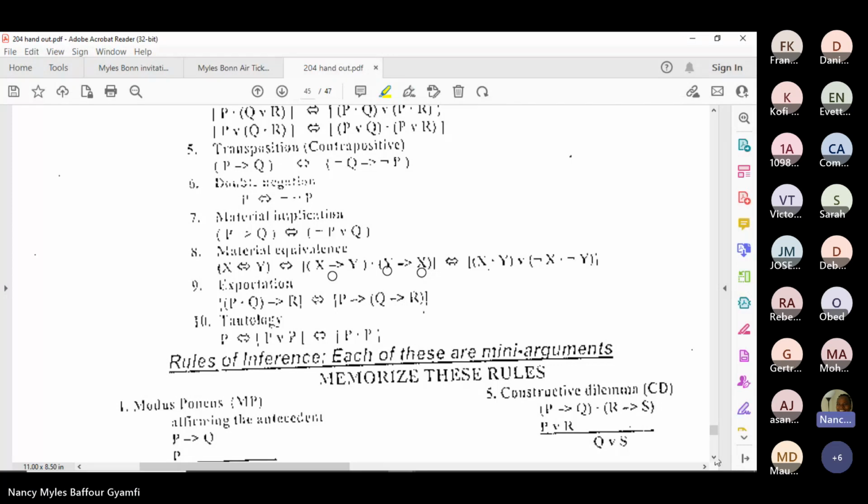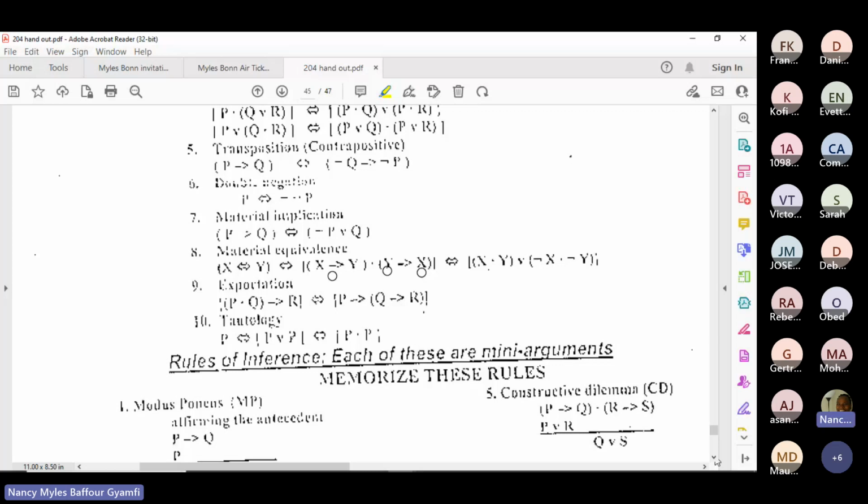So in one instance, it can be X, then Y, and at the same time, Y, then X. You are just stating the meaning of a biconditional. So when I say X biconditional Y, I'm also saying if X, then Y, and if Y, then X. That's one of the meanings.